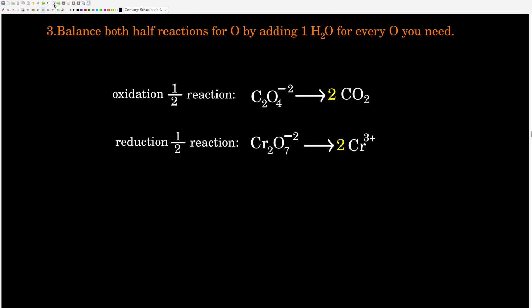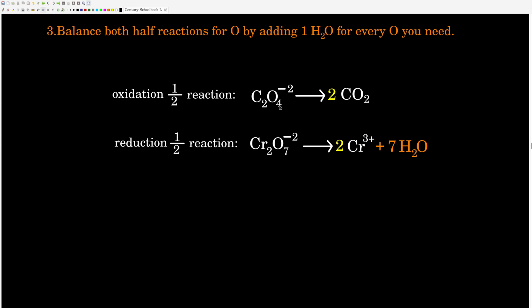So step 3. Balance the half reactions for oxygen by adding waters for every oxygen you need. Because there's 1 oxygen in water, you add however many waters you need to balance out the oxygens. So in the oxidation half reaction, once we put this 2 here to balance the carbons, that gives us 4 oxygens on the right.